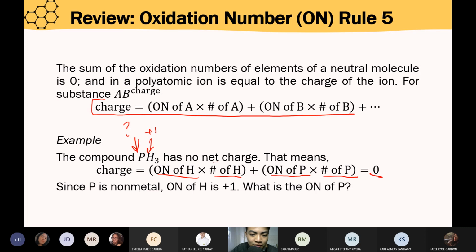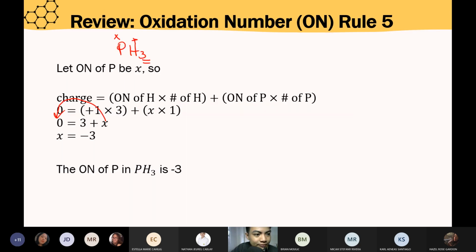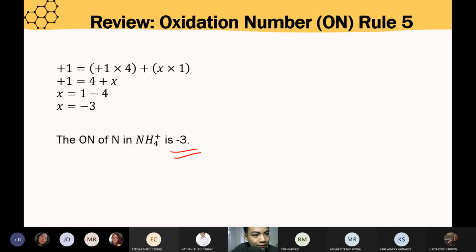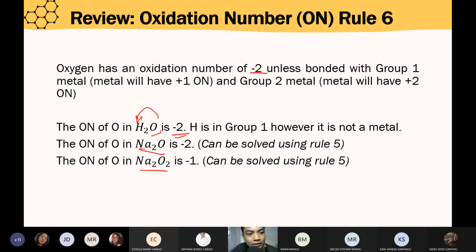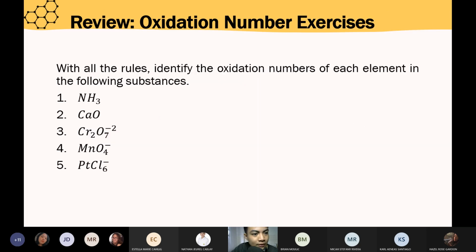So, you can apply the previous rules to determine the oxidation number of previous elements. Pero kung di mo alam, edi you have to let an unknown variable x. Okay? And then, rule number 6, sabi lang yan, oxygen is usually negative 2 unless you pair it with group 1 or group 2 metals. They could be negative 2, pero not always. Okay? So, you have to double check.